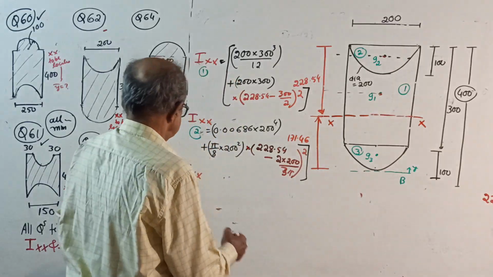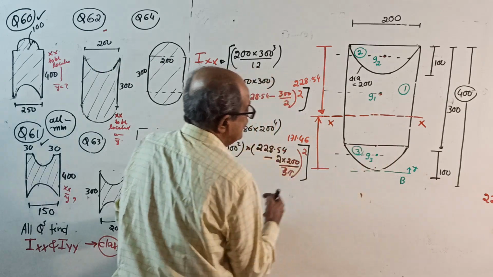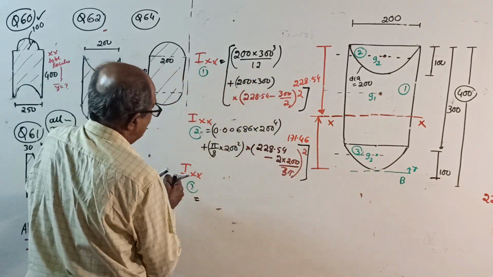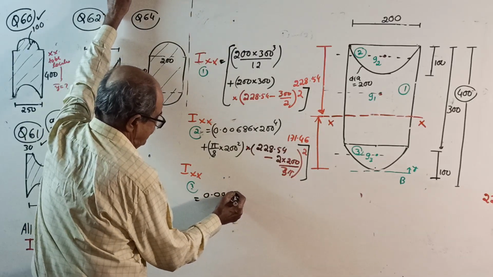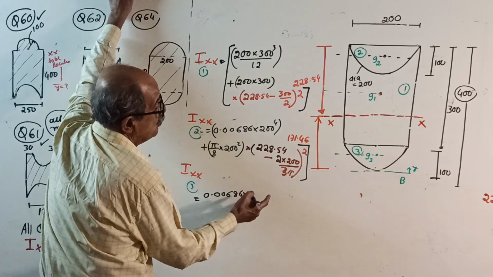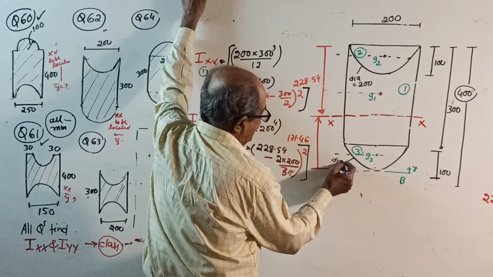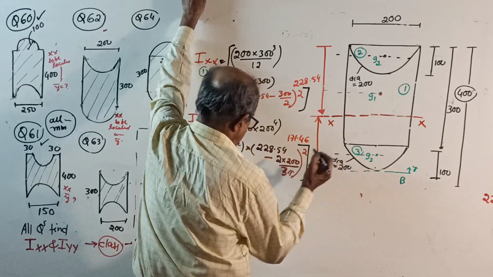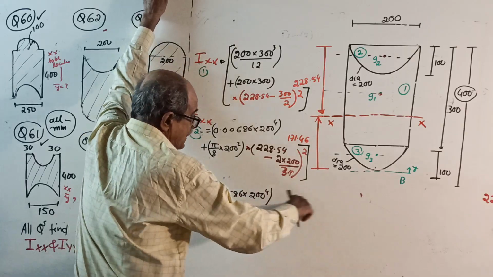Lastly, for this one, start. I about its own centroidal axis is 0.00686 into diameter power 4. Where is the diameter? I forgot to write the diameter here. This also has diameter 200 only, into 200 power 4. Actually, you should write like this.